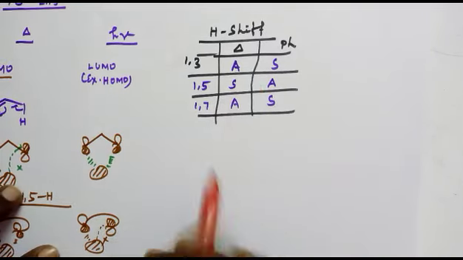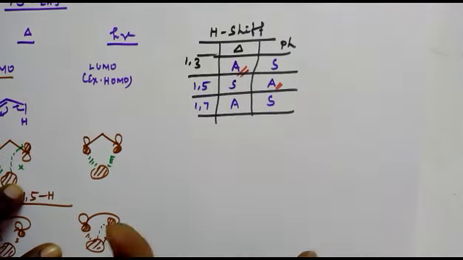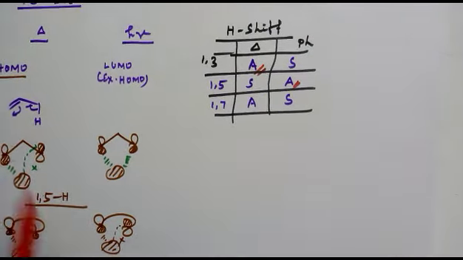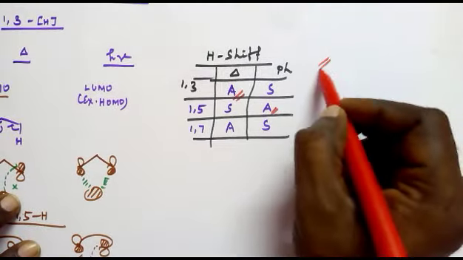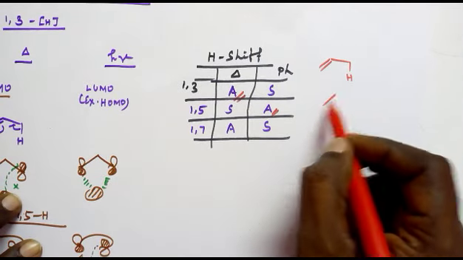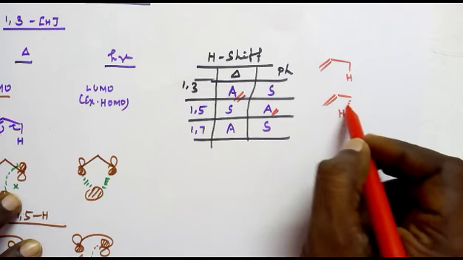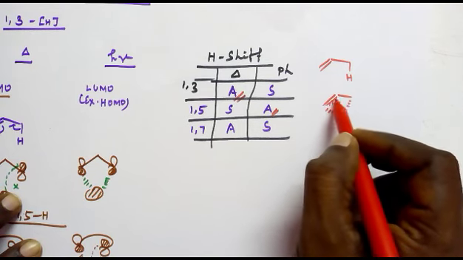But antarafacial, there is a problem if the ring is very small. If we take a 1,3 hydrogen shift, it goes through a 4-membered cyclic transition state.